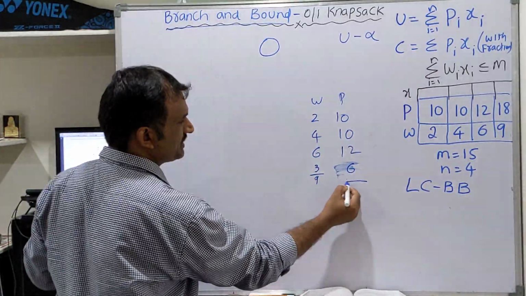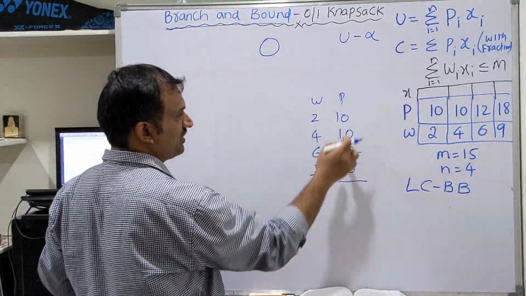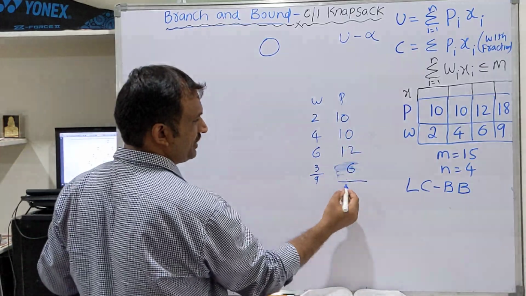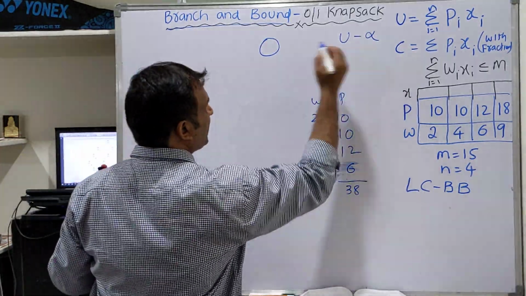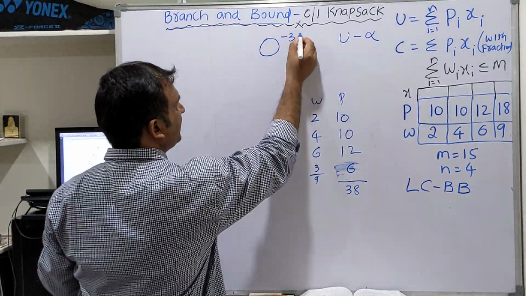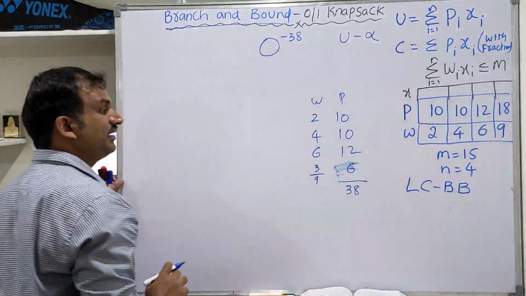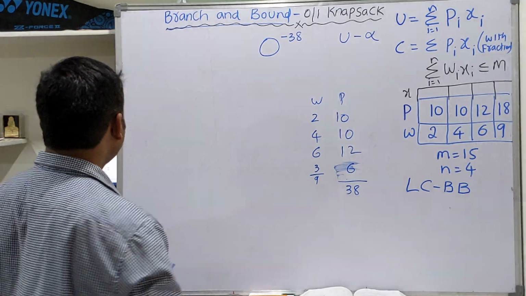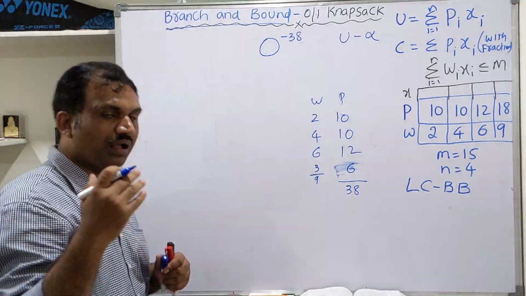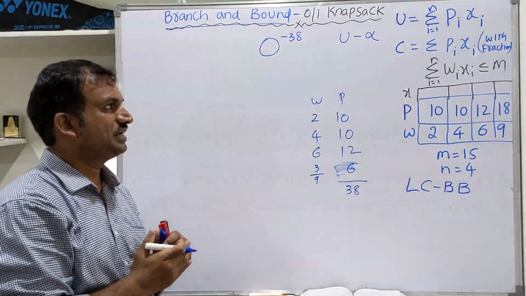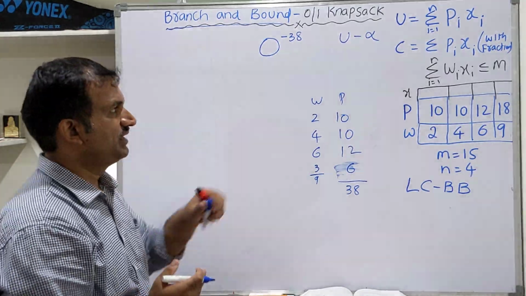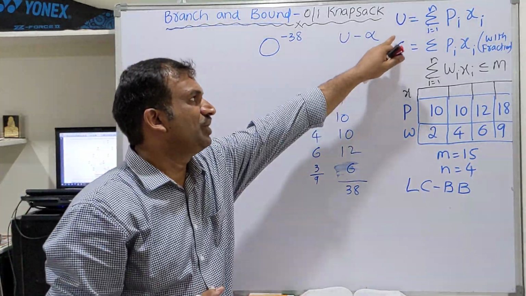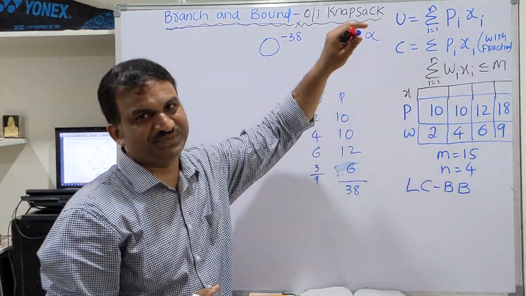Let me total this profit: 10 plus 10, 20, 32, 38. So the maximum profit is 38, including fractions. As we already said, we consider with fractions and without fractions. C is with fraction, U is without fractions.